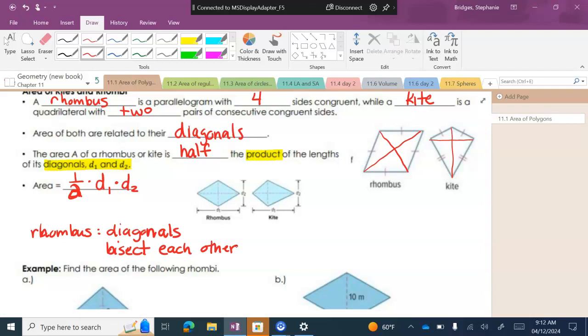And in a kite, the short diagonal is bisected. Okay, not the long one, but the short diagonal. So in a rhombus, both of the diagonals bisect each other. In a kite, it's only the short diagonal that has been bisected.